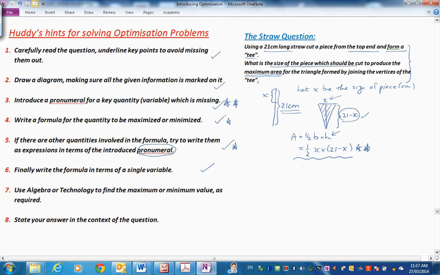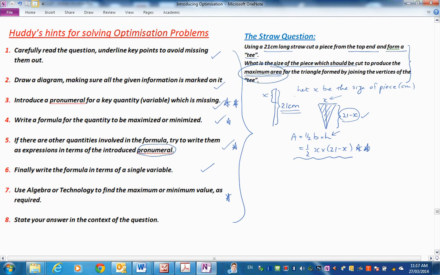Follow these steps. It might be a good idea after I've finished this to pause the presentation and write down all of these steps because they are useful in optimisation work. Okay, using algebra or technology, find the maximum and minimum value as required. And we want, go back up here, it's underlined, we want maximum, and state your answer in the context of the question. Don't state it in X-land.